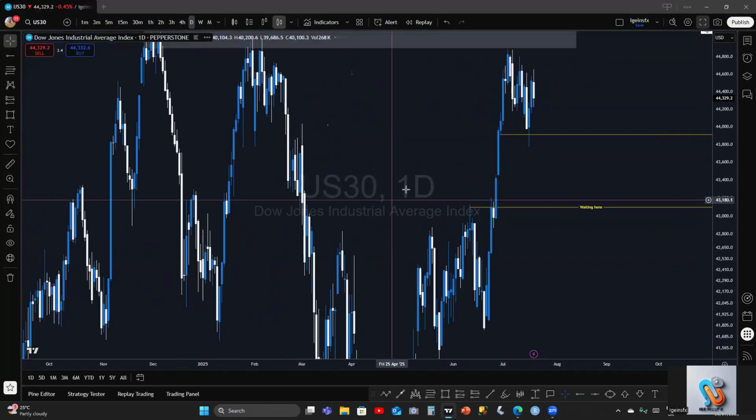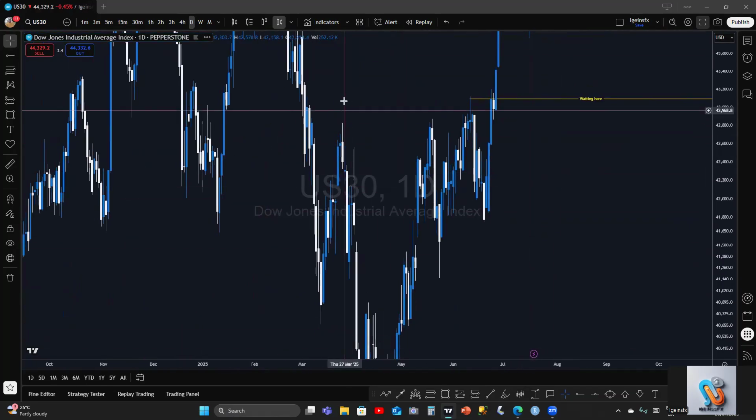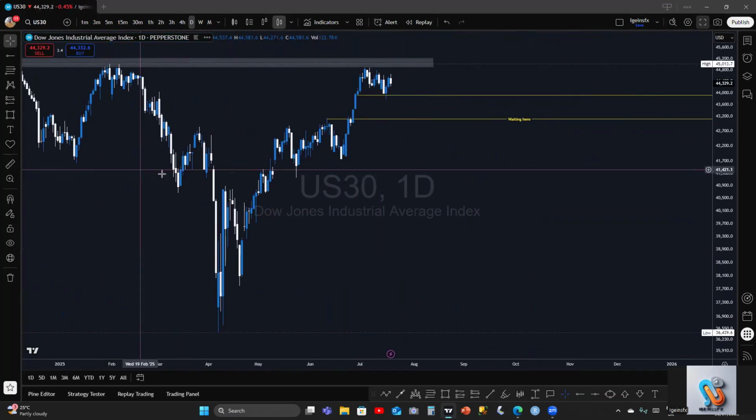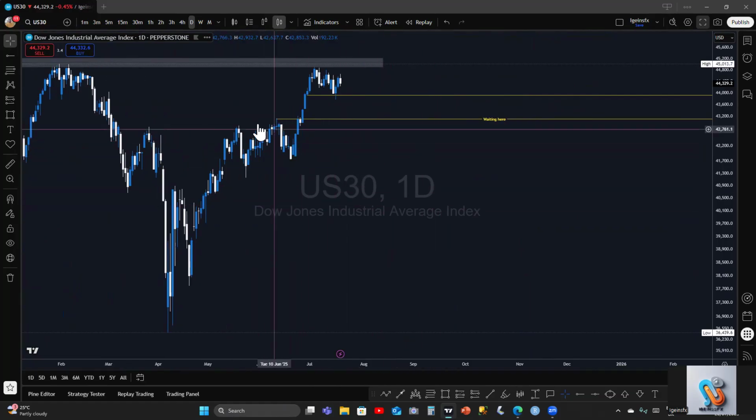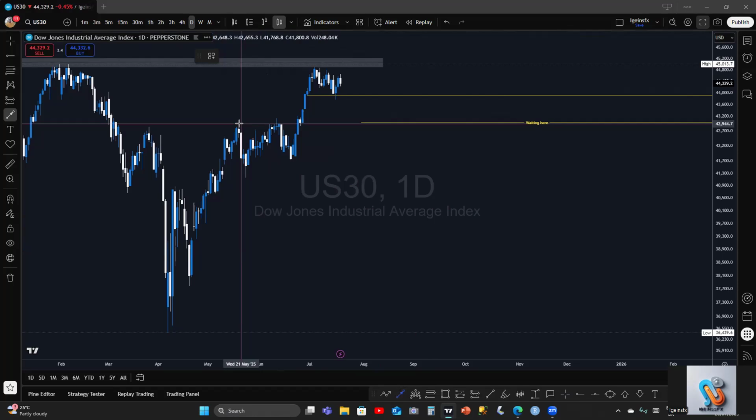When you look at it from the higher time frame, when you look at the structure, you discover that this here is a break of structure from here to the upside. So this point here, there is a break of structure here.